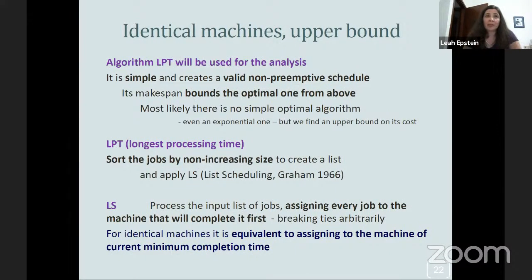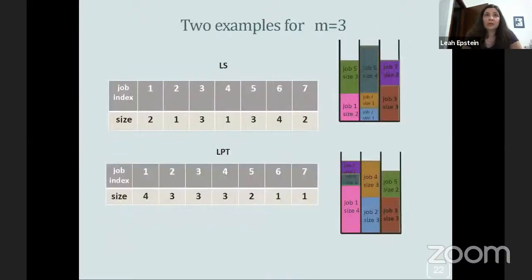The algorithm is LPT, you probably know it. We apply list scheduling on a sorted list of jobs. We don't need the examples, but I wanted to include all the slides because they are published, and if students want to look into it, they can see the examples.